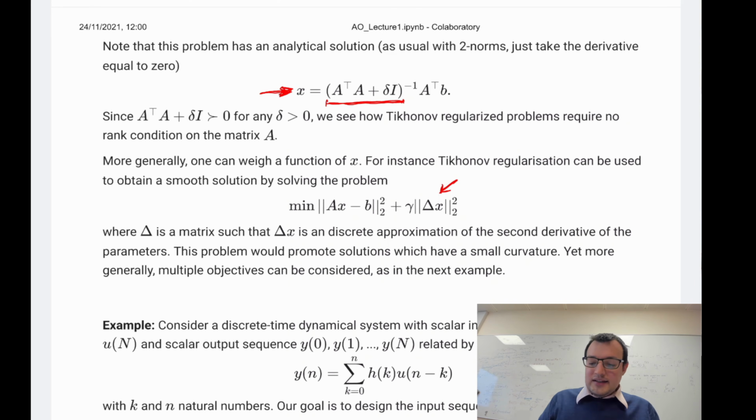So the idea here is that we can weigh the second derivative, and this will make the solution have little variation, not fast variations, and that's going to smooth our solution, so it's going to have small curvature. So this is to say that Tikhonov regularization doesn't necessarily have to be used together with x. It can be used also with a function of x.